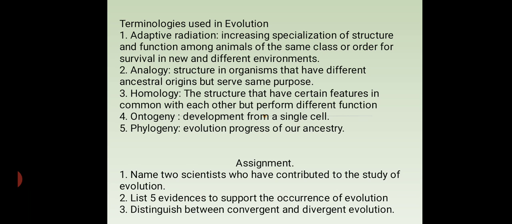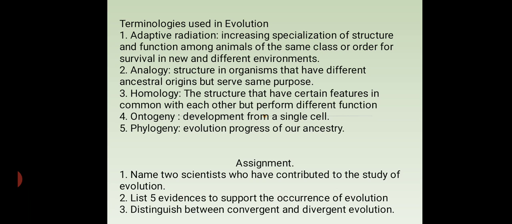Like the four limbs are used for movement, while the wing is also used for movement. Let me buttress this, the four limbs of bat is used for flying, while the wings of butterfly is also used for flying. They have different ancestral origin, but they are used for movement in the air. That is why they call it analogy.